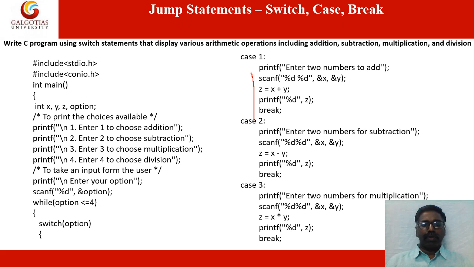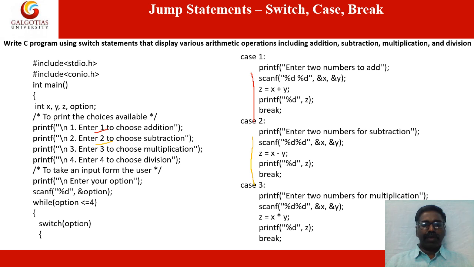For example, the user is going to enter 1. If the user enters 2, what will happen? This set of statements will execute: enter 2 numbers for subtraction, scan these two values, and then in the variable x minus y will be calculated and the printf statement will execute.